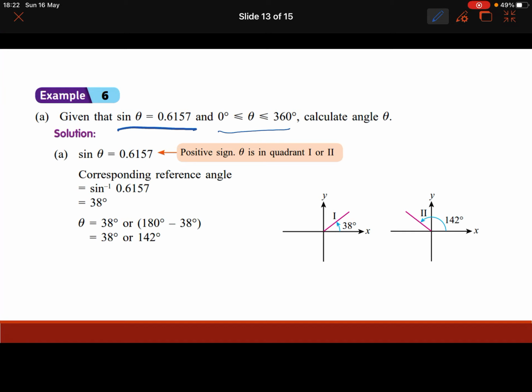Use your calculator, and that means we have two different values of theta because sine is positive, so it's either in the first quadrant or second quadrant. This one is the value for the first quadrant, and this one is the value if theta is in the second quadrant.